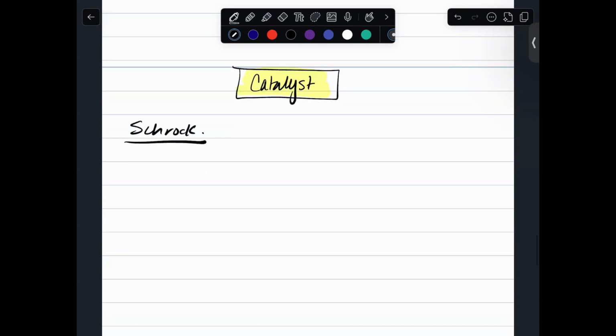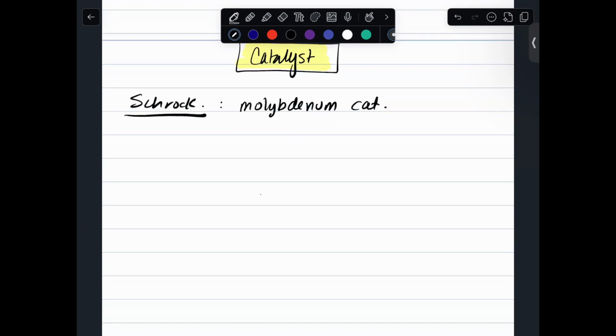He used a molybdenum catalyst. I'm not going to test you on Schrock's catalyst. It looks as follows. It looks really complicated. I just want to draw it out for you so that you can see.